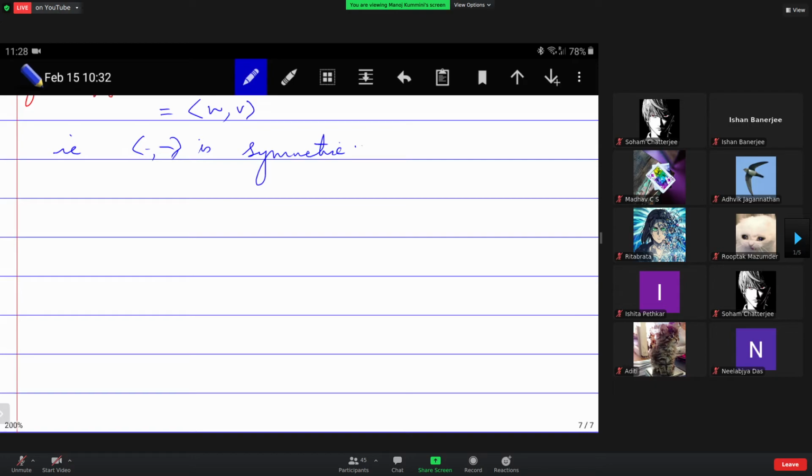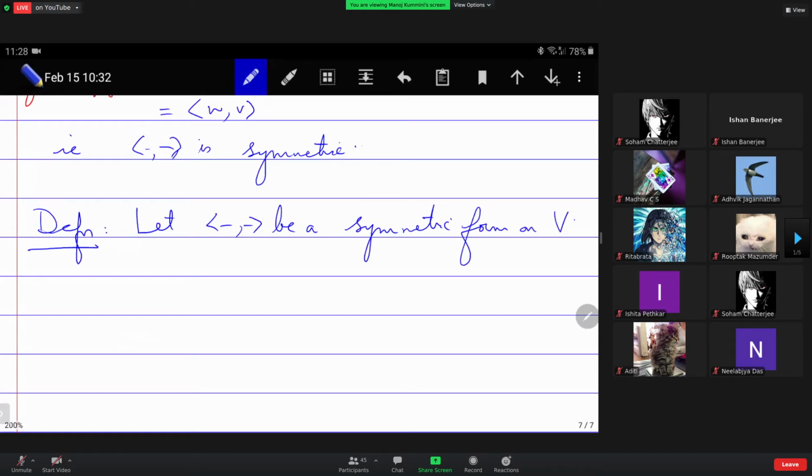Yeah, some definitions. Definition. Let the form be a symmetric bilinear form on a vector space V, a finite dimensional real vector space.